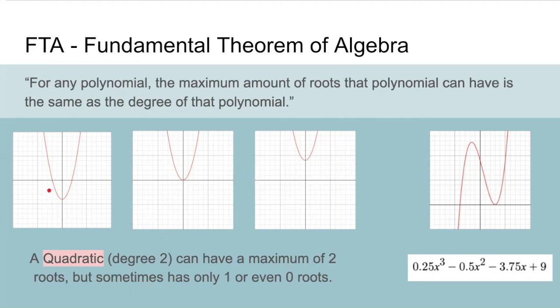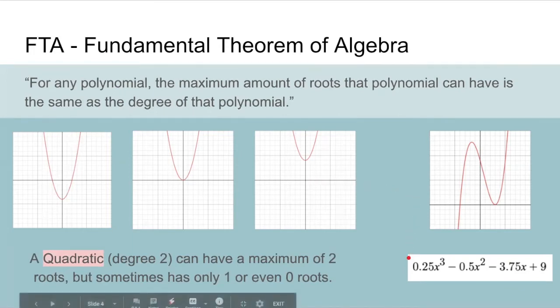So you can see that here the graph is intersecting with the x-axis at two different points, which means it has two roots. Whereas this graph, the function is only touching the x-axis at one point, which means it only has one root. And here it's not touching the x-axis at all, which means it has no roots.